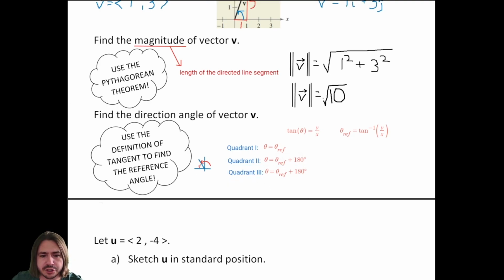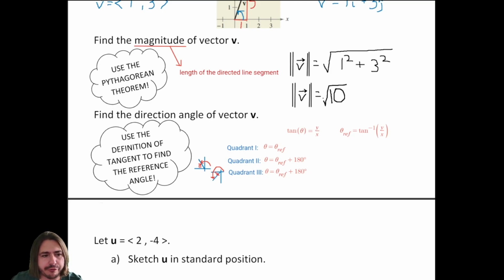So in quadrant 2, the reference angle is going to be negative here, but in quadrant 3, say your vector is right here, the angle measure that this formula is going to give you is this one right here. But what we really want is this one right here. Okay, so we'll take this positive angle measure and add 180 degrees.